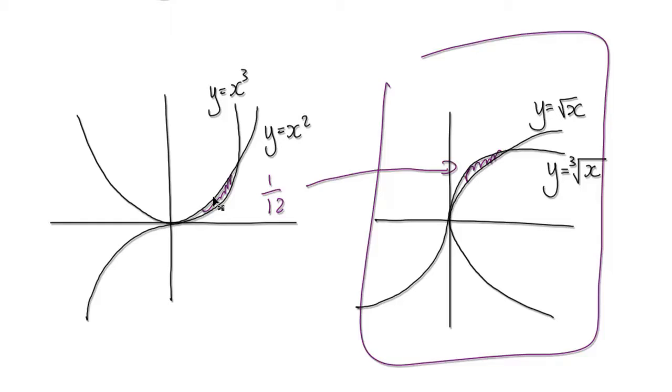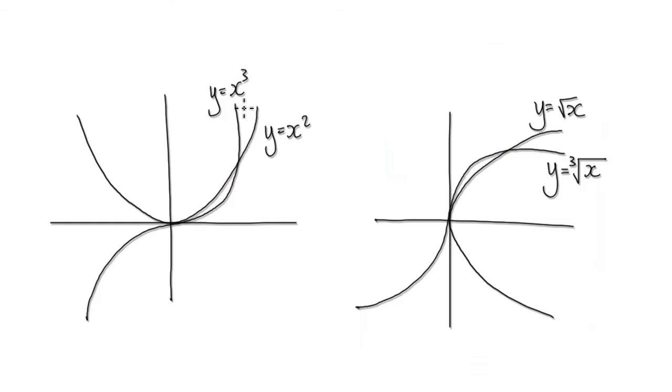The reason for that is when you look at y equals x squared, the square root of x is really the inverse of x squared. When you have x squared, the inverse is always a reflection along the diagonal.